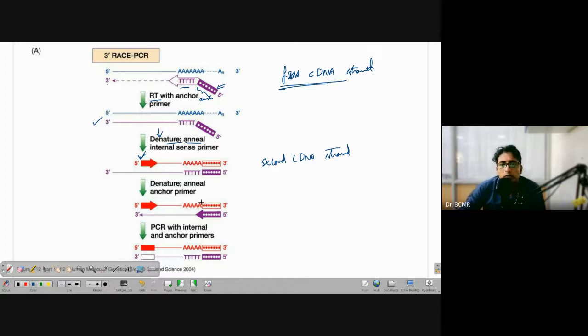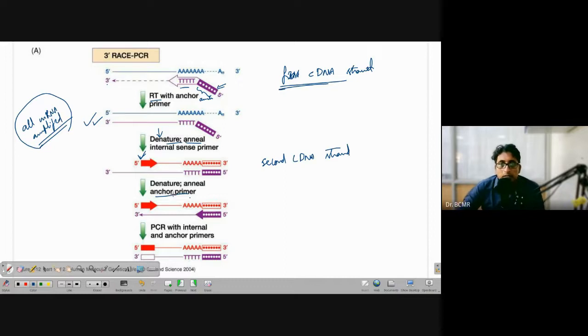Later we will amplify using the anchor primer. When you synthesize this first cDNA strand, any mRNAs that have a poly A tail will have the first cDNA strand synthesized. We are only interested in one particular gene. We are not interested in a cDNA library.